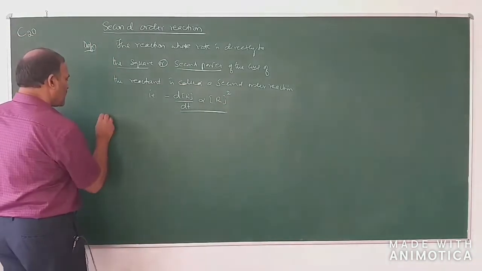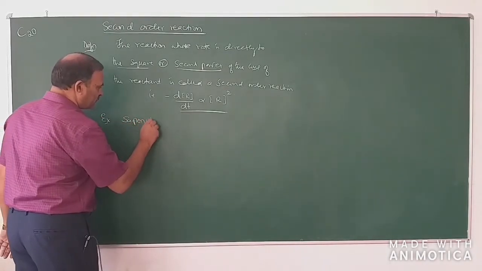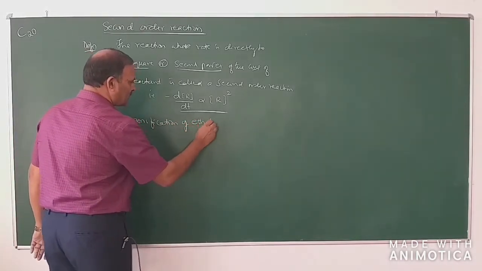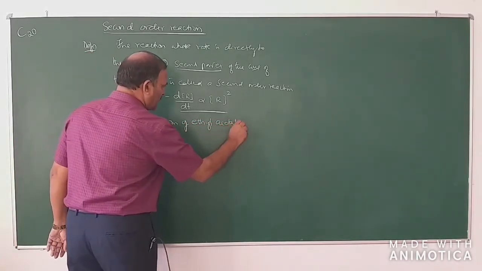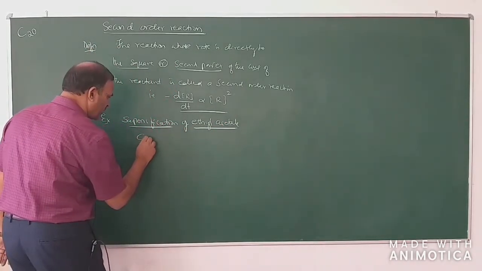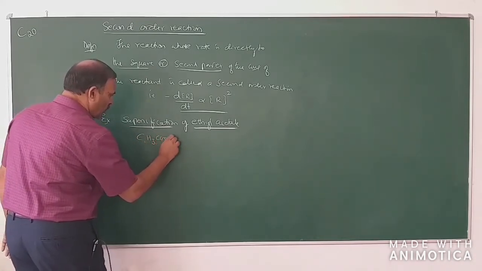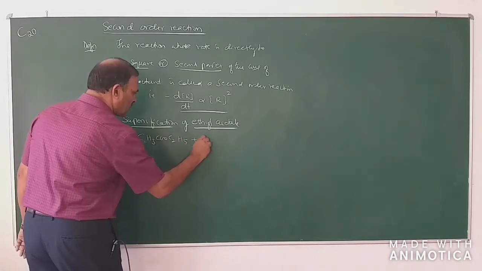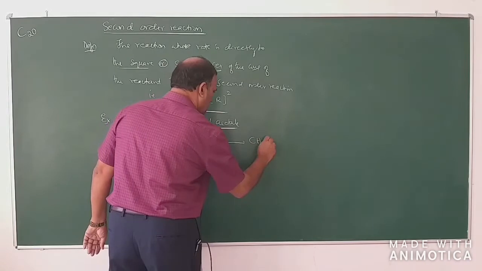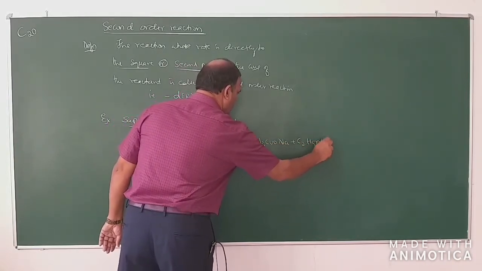For example, saponification of ethyl acetate. The reaction can be represented as CH3COOC2H5 plus NaOH gives CH3COONa plus C2H5OH.